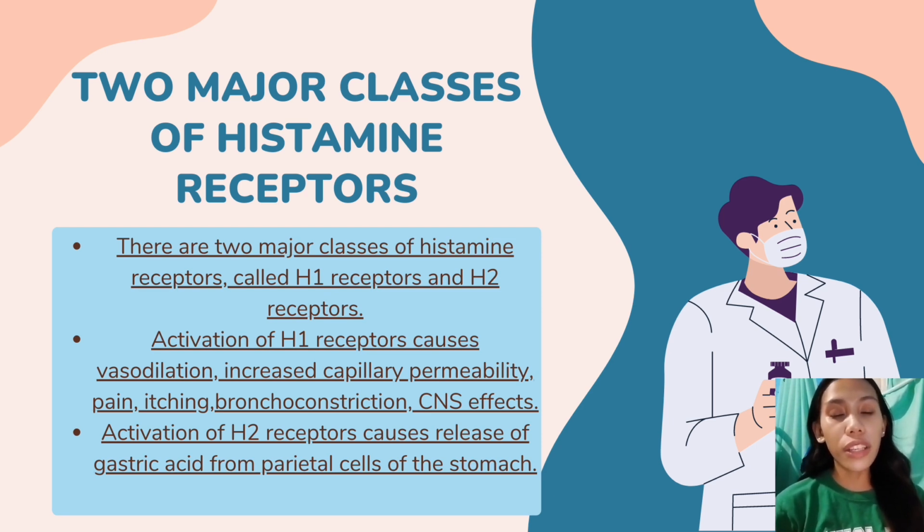Activation of the H1 receptor causes vasodilation, increased capillary permeability, pain, itching, bronchoconstriction, and CNS effects. Activation of the H2 receptor causes release of gastric acid from parietal cells of the stomach.